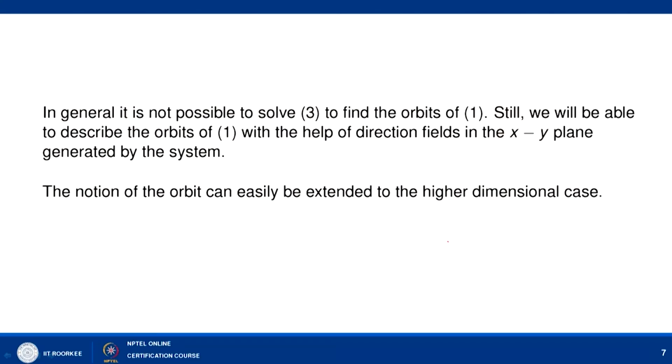What is this? If you look at dx by dt, dx by dt is equal to f(x,y), and dy by dt is equal to g(x,y). This is the velocity component in the x direction and this is the velocity component in the y direction. I can write this as Vx and this as Vy. So, if you start with any point, let us say this is your point, and at this point it corresponds to some t equal to t naught.